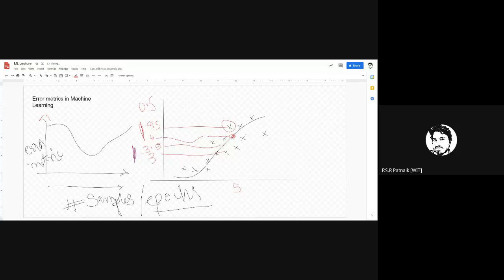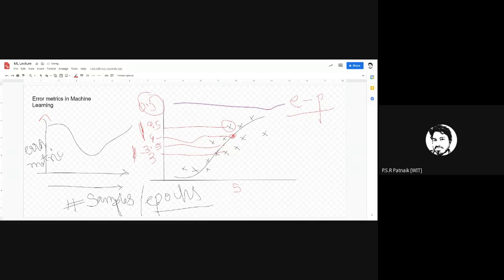The difference between the expected value and the predicted value, expected minus predicted, is what I'm taking. For the first point, I got 0.5.